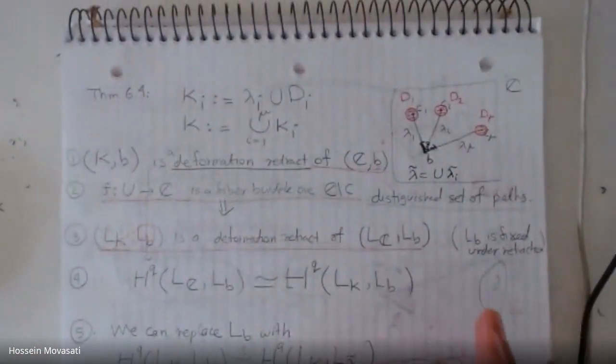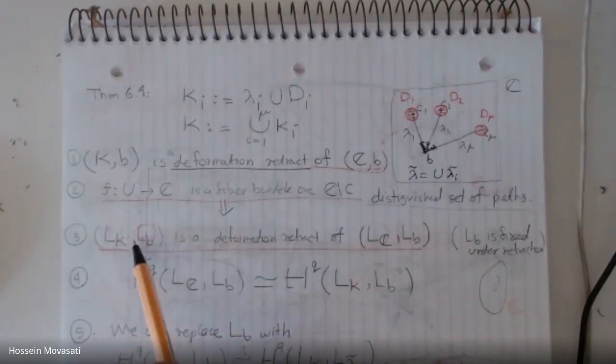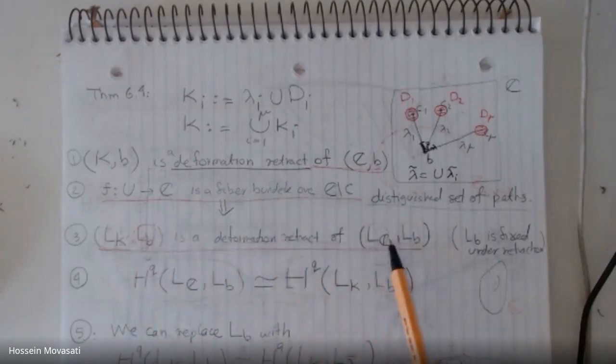Okay, so here comes another statement from algebraic topology, that if LK, LB is a deformation retract of LC, LB, if we have a pair of topological spaces, one is the deformation retract of the other one, then nothing changes in cohomology.